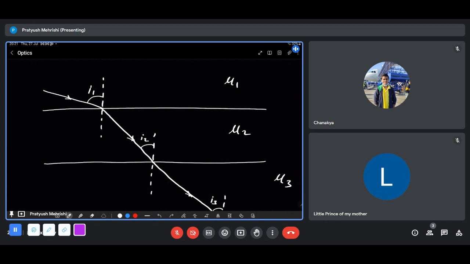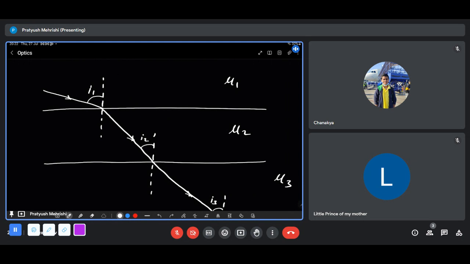These two surfaces are parallel, and when two surfaces are parallel, we know that alternate interior angles are equal to one another. So this will become I2. Similarly, this will become I3.